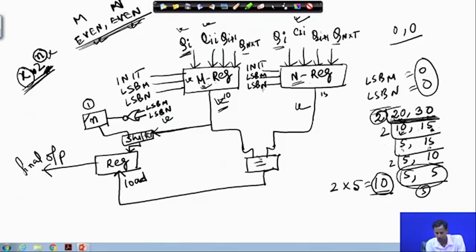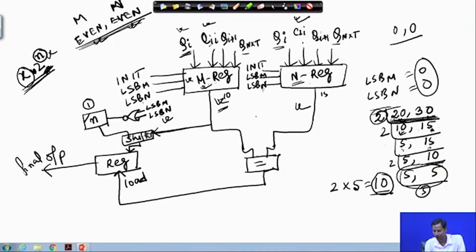Is 5 and 15 the same? No, so this operation is not performed. Only at that time, as this is the 1 and 1 case, this will choose C1i and C2i. This will choose the minimum of 15 and 5, which is 5, and mod of m minus n, which is 10.